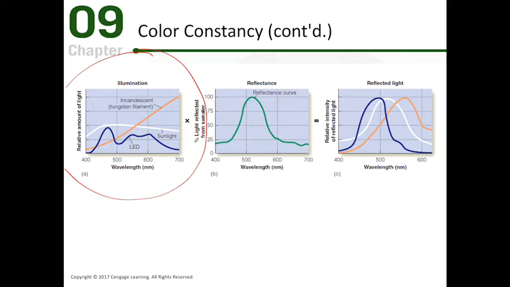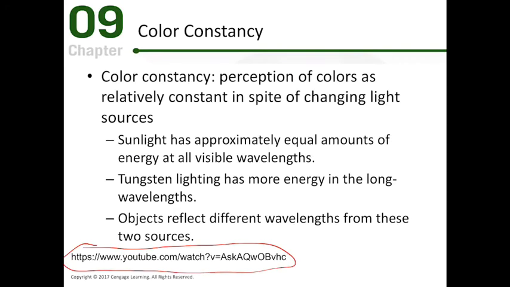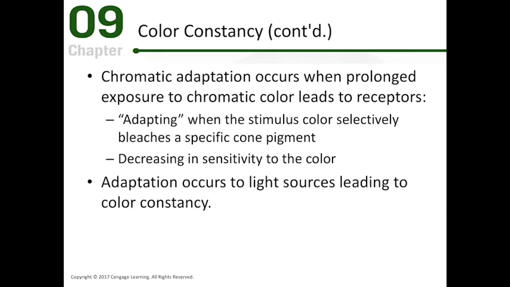In the sunlight, it might be a slightly lighter shade of green, and indoors in tungsten or LED lighting, it might be slightly darker. But color constancy is this idea that colors really do remain relatively constant despite changing the light source.